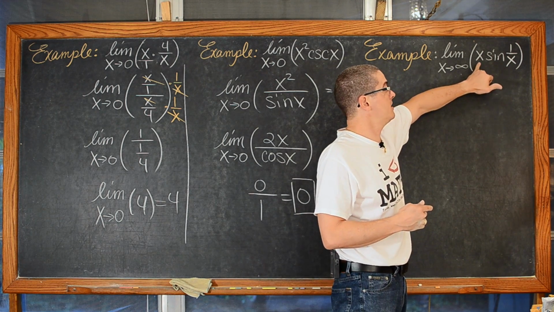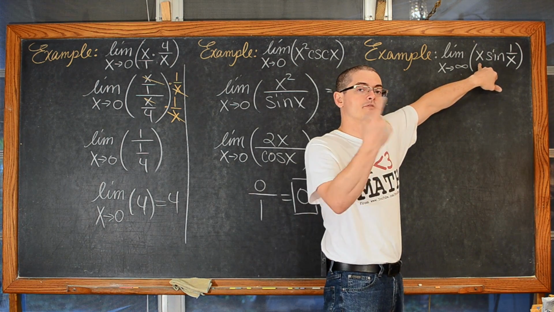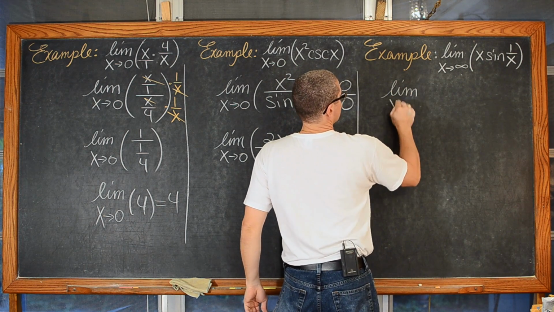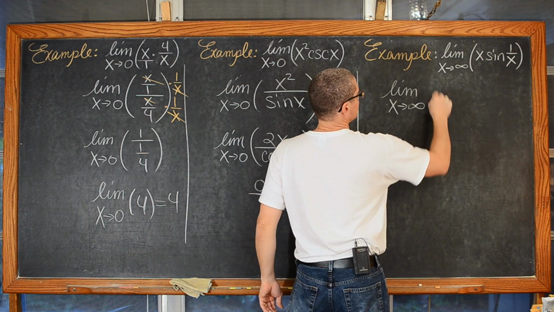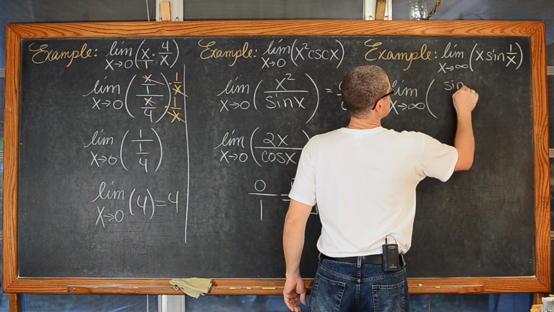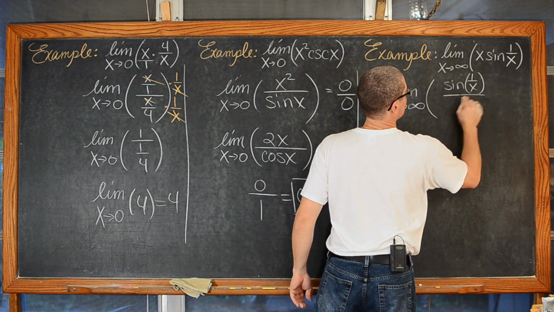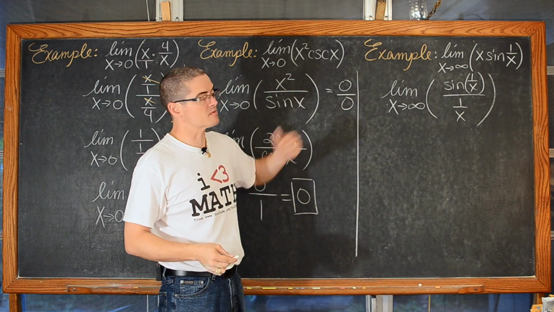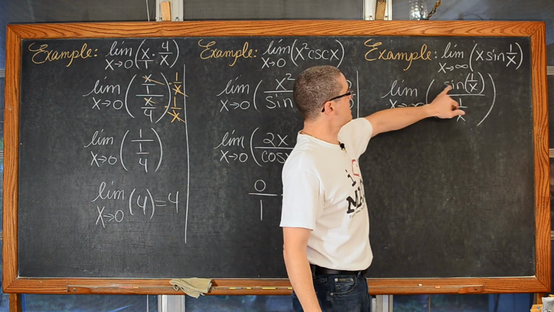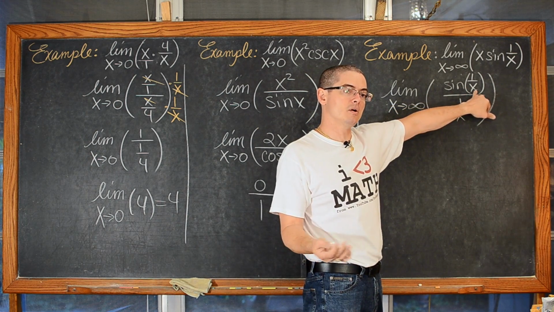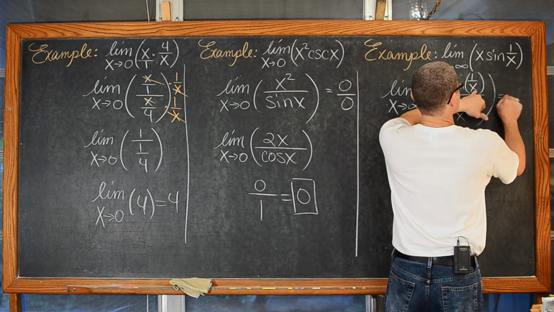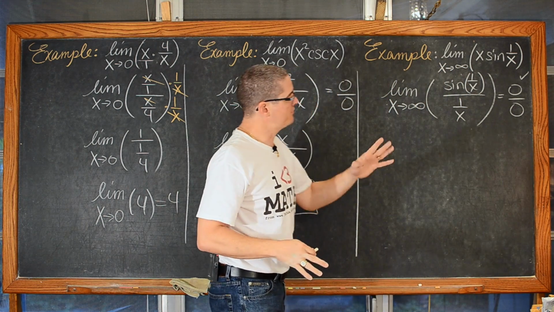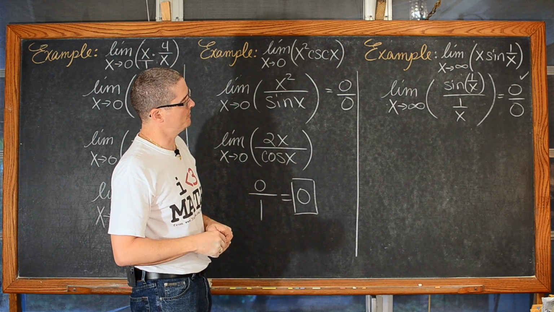So we're going to divide by the reciprocal of the first factor, or rewrite this as the limit as x approaches infinity of sine of 1 over x over 1 over x. Trying to find the limit at this point, the sine of 1 over infinity is 0, so the sine of 0 is again equal to 0. This is equal to 0 in the denominator, so we are good to finish up by applying L'Hopital's rule.